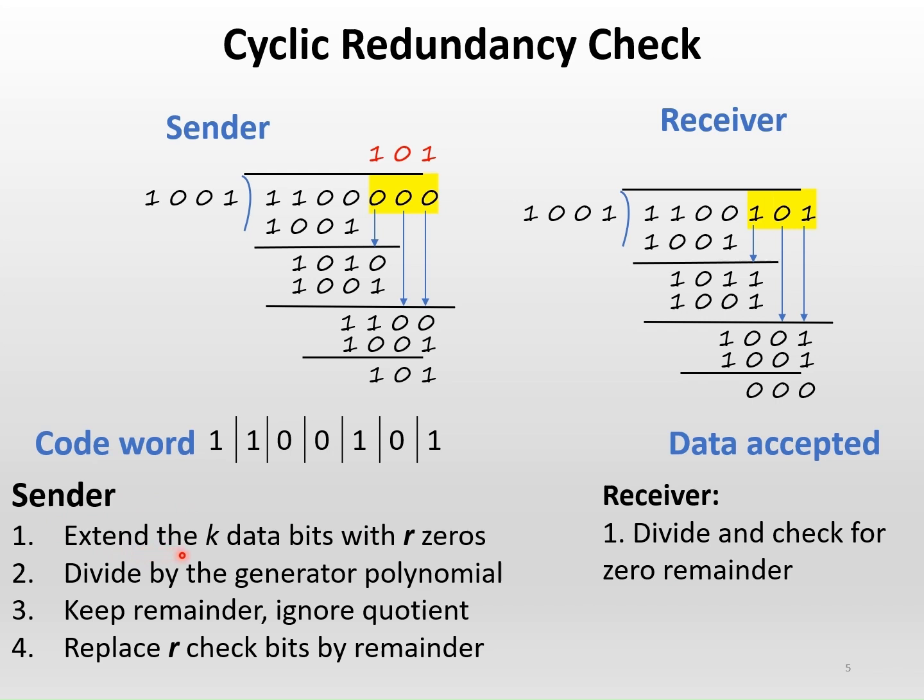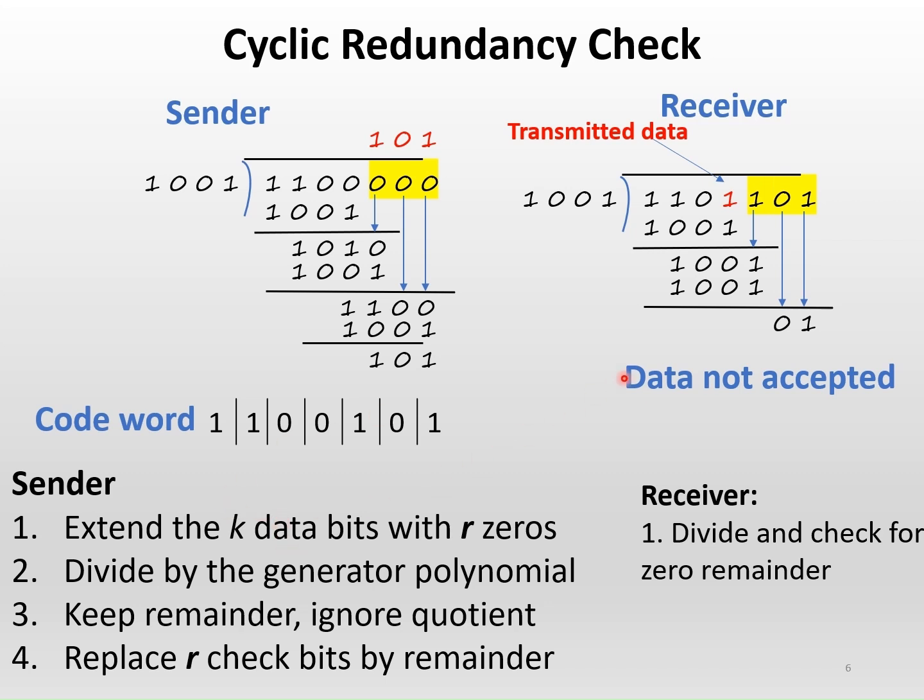Sender will extend the k data bits with r zeros, where r is the number of bits in the divisor minus 1, and divide by the generator polynomial, that is the divisor, keep the remainder, ignore the quotient, and replace the r check bits by the remainder. The receiver side will do one thing: divide and check for 0 remainder. So that is the procedure for cyclic redundancy check.